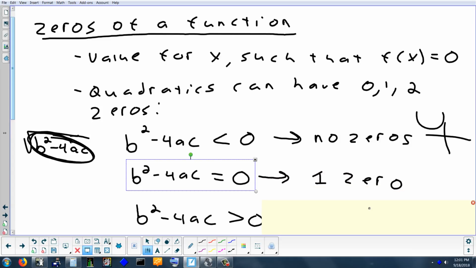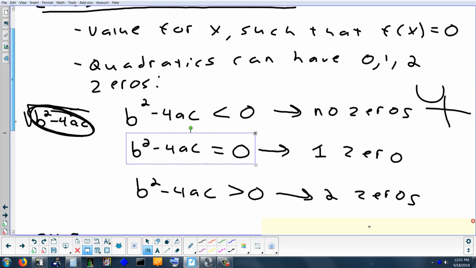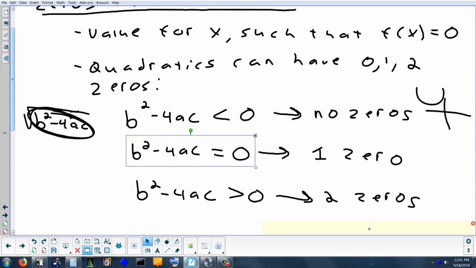0. Now let's pretend that it came out positive. B squared minus 4ac was greater than 0. What's a number greater than 0? 4. What's the square root of 4? 2 and negative 2. 2 answers. So if it comes out positive, there's 2 answers. Now, what are the answers?